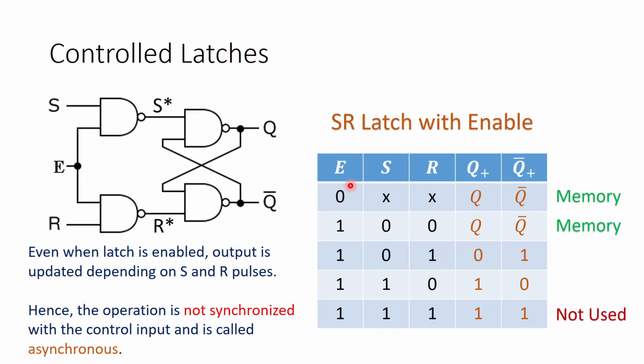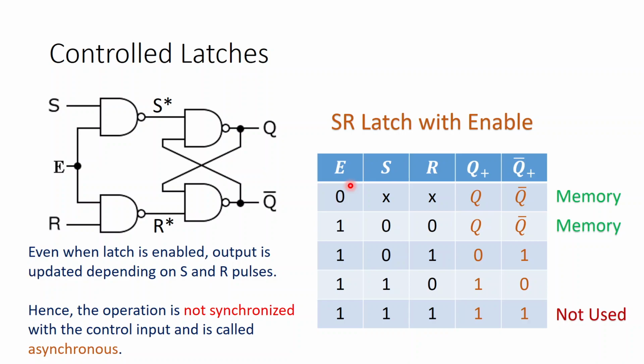One thing to note is that the output is influenced by S and R only. E is basically not influencing the output. So what I should say is that the output is updated depending on when we are giving the S and R pulses.